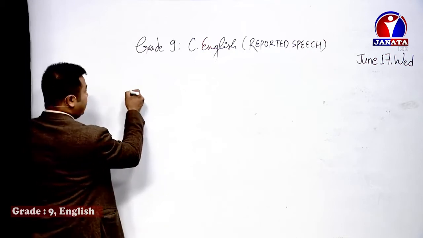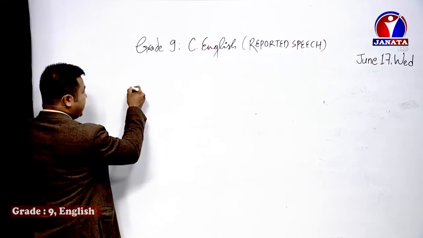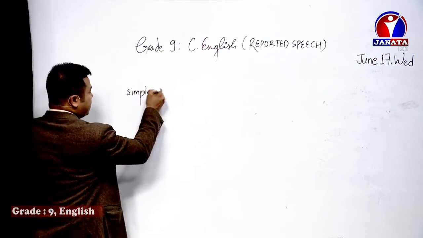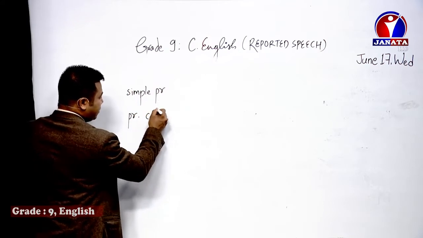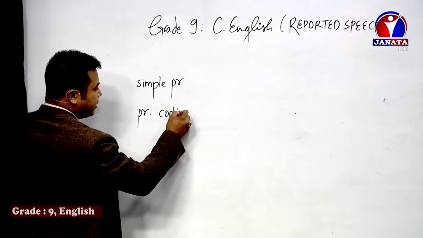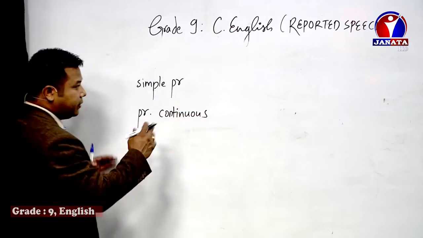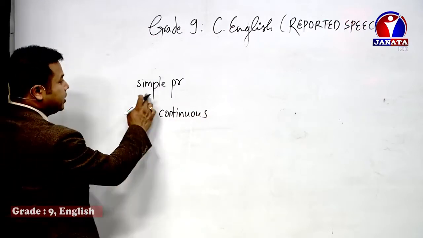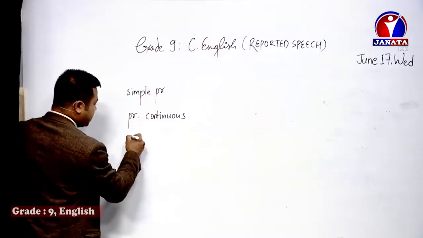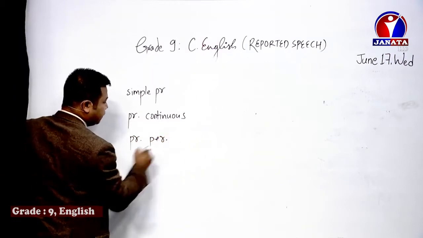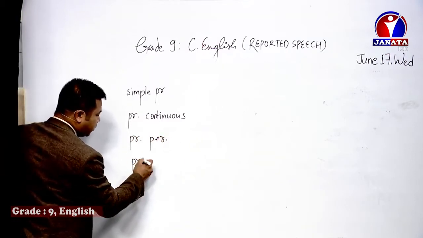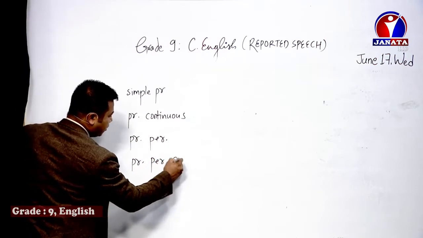We know them. Let us write. The first tense we have is simple present. Then we have present continuous. You can write this later, it's going to help you a lot. Simple present, present continuous. Then we have present perfect. Then we have present perfect continuous.